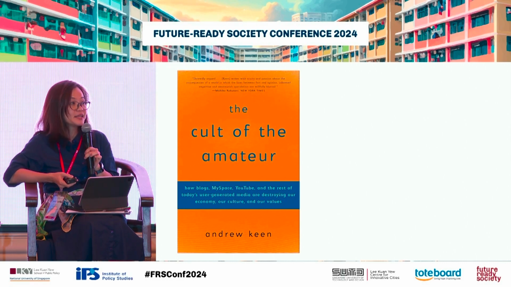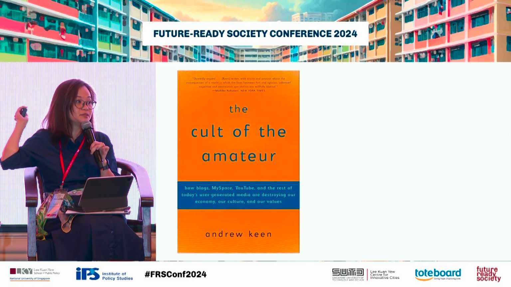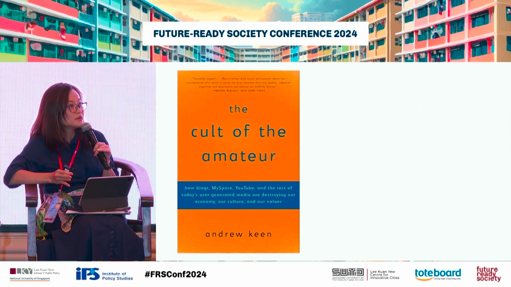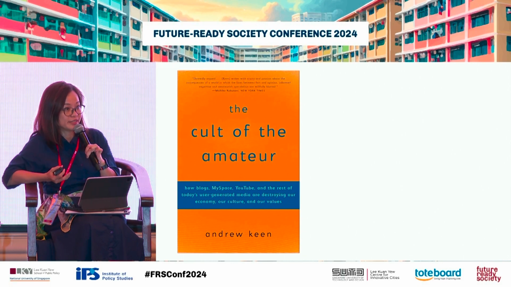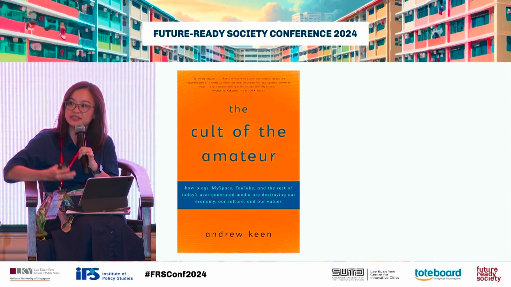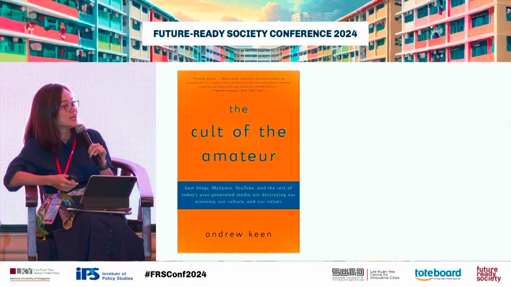And he argues that, when this book came out, right, it was the mid-2000s. If you recall, everyone was excited about the democratic potential of the internet, right? There was YouTube that was very quickly gaining a lot of traction.